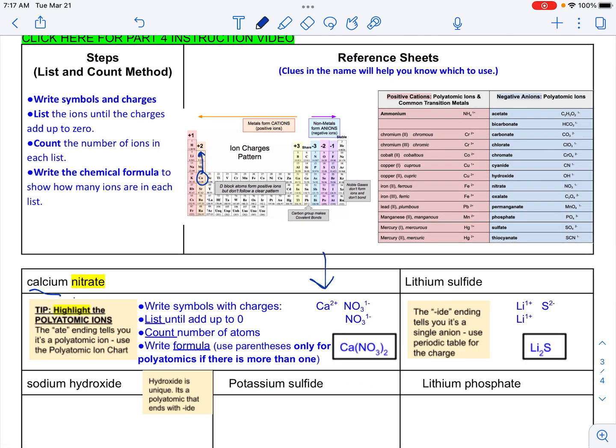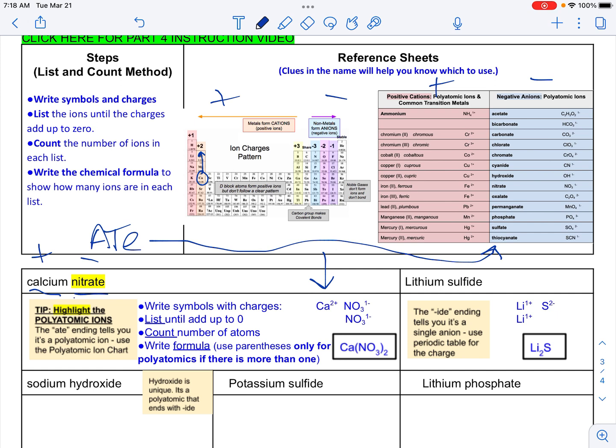Then we look at the second word, highlighted in yellow, and it says nitrate. The ate ending tells you it's a polyatomic from the negative side. Since it's a second word, remember it always goes positive, negative, and on our periodic table, positive, negative, and on our ion chart, positive, negative.